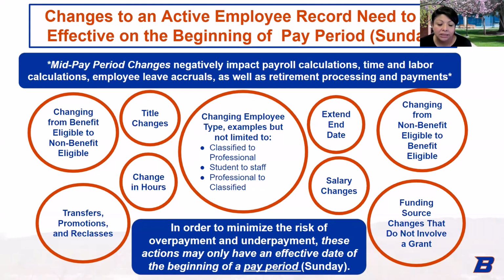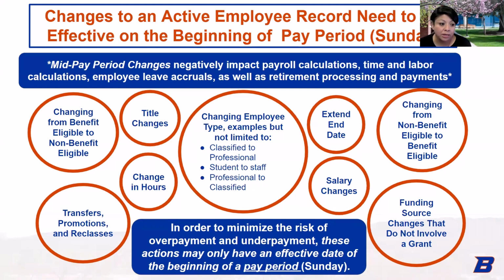These changes include title changes, change in hours, extending end dates, salary changes, transfers if you're promoting somebody, or reclasses, or changing them from benefit eligible to non-ben, or student to non-ben, or student even to benefit eligible.